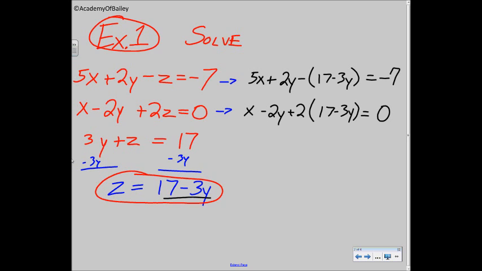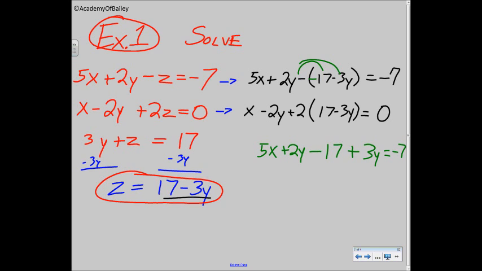In the top here, let's simplify this. We know that this is going to be negative 17 because this negative sign comes to everything inside. So 5x plus 2y minus 17 and then plus 3y.